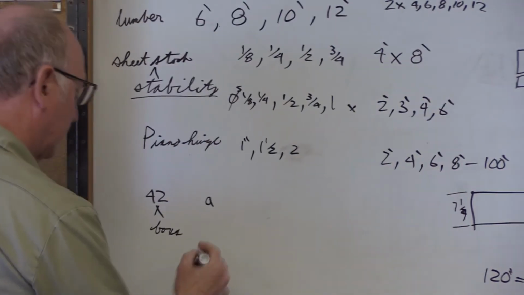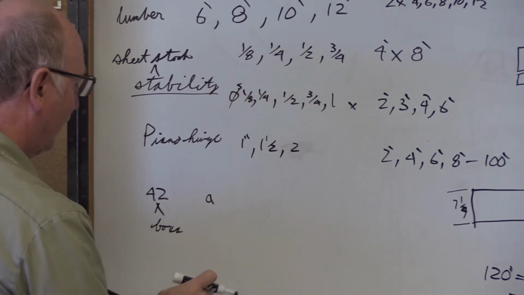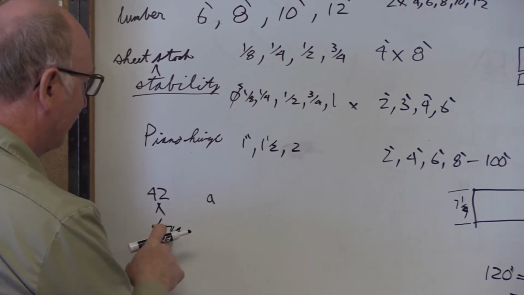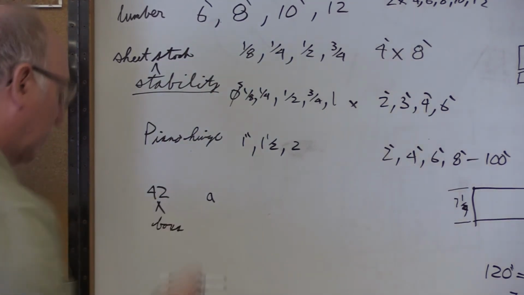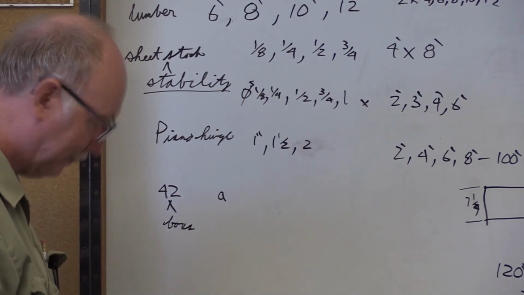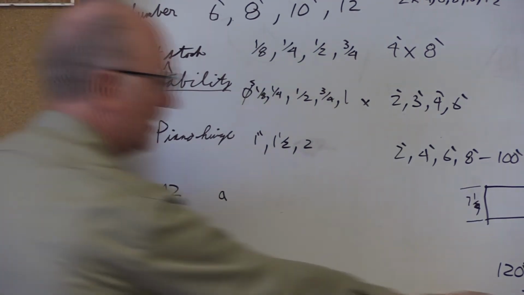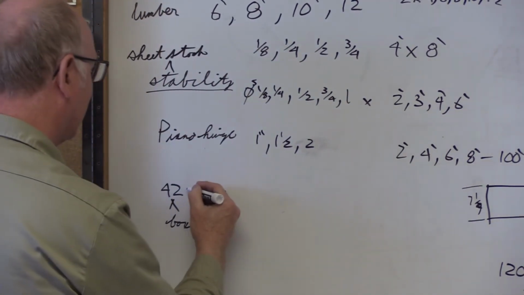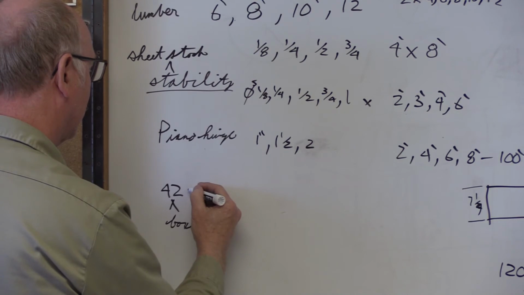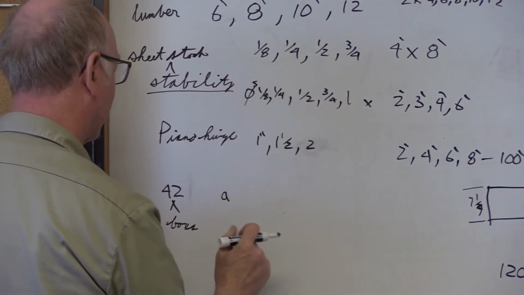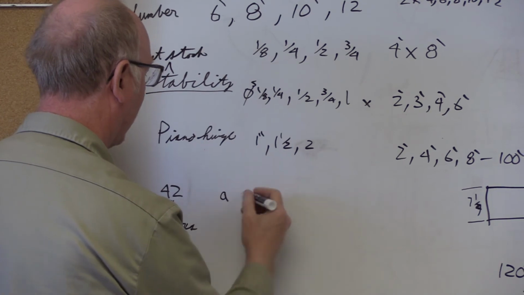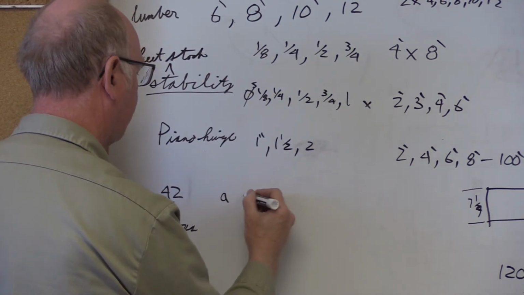Okay? So how many linear feet do we need then? Or how many boards do we need? So we've got 42 divided by 7, because we get 7 pieces. Actually, we need 2 pieces per box. All right, so for letter A, we need 2 pieces.